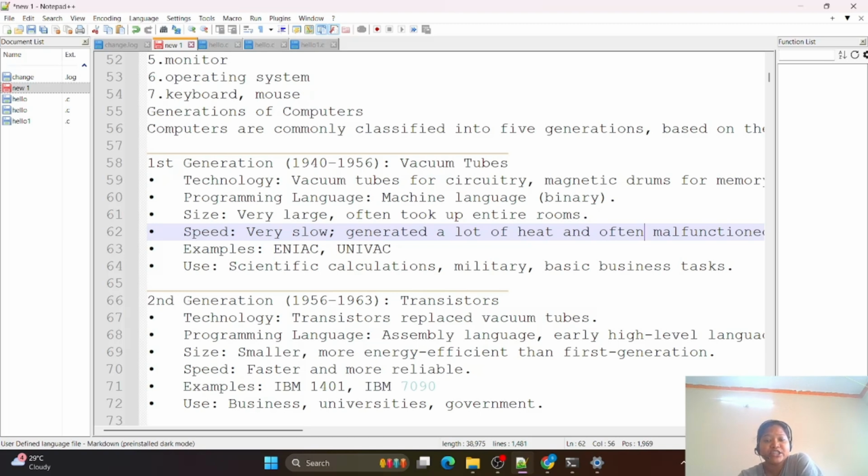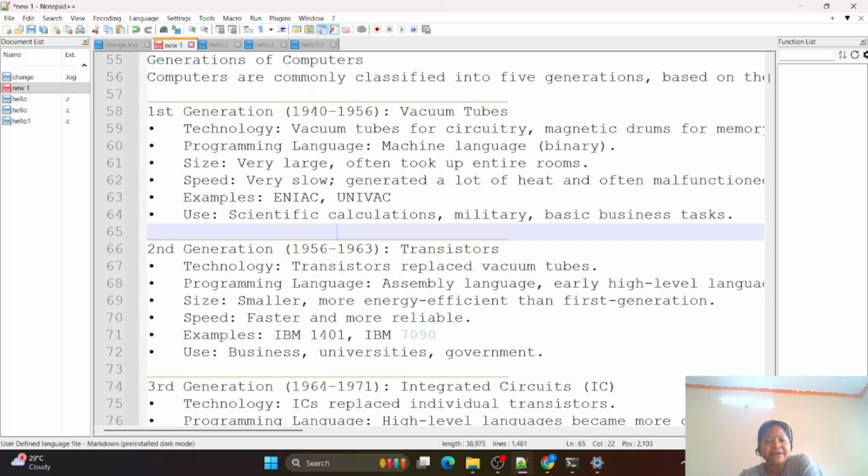For example, ENIAC, UNIVAC, etc. At the time the computer was used for scientific calculations, in the military also they were using computers, and basic business tasks also. Okay, in second generation, the time period was from 1956 to 1963, and instead of vacuum tubes, they used transistors.